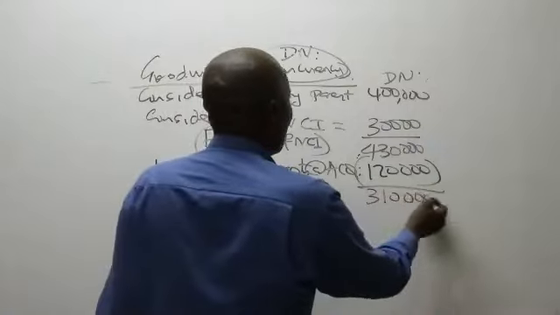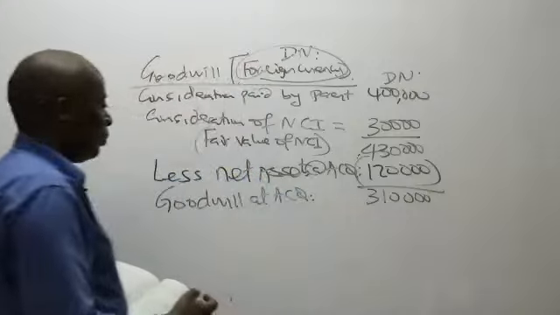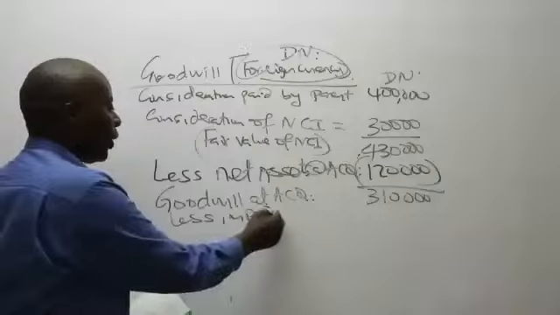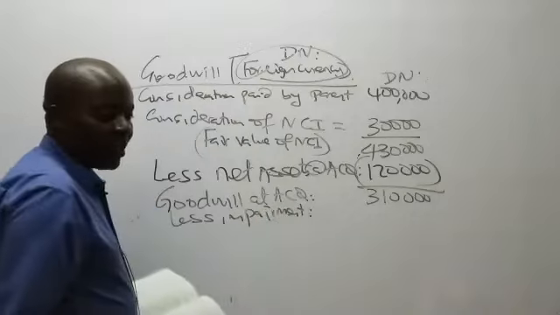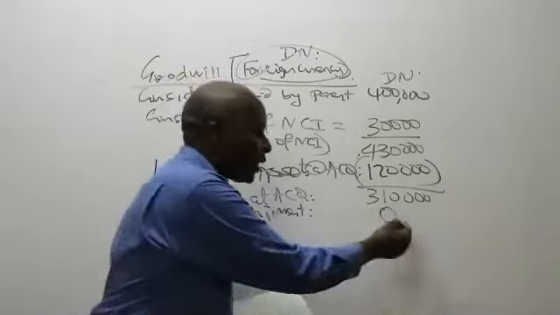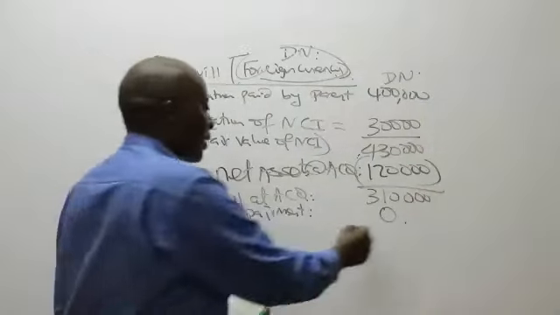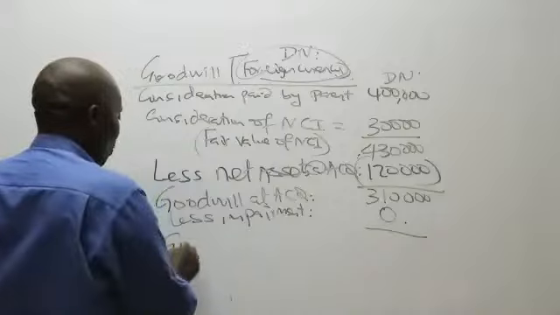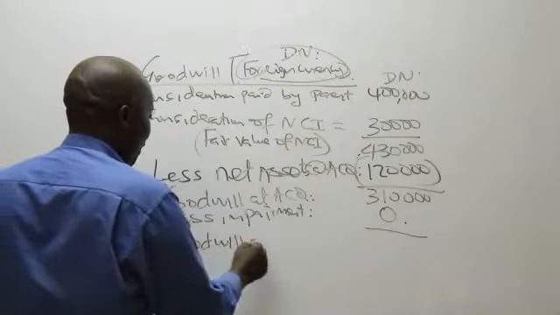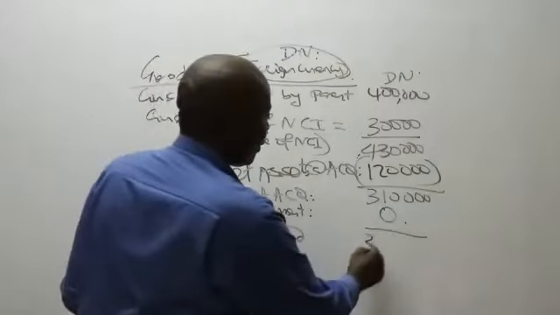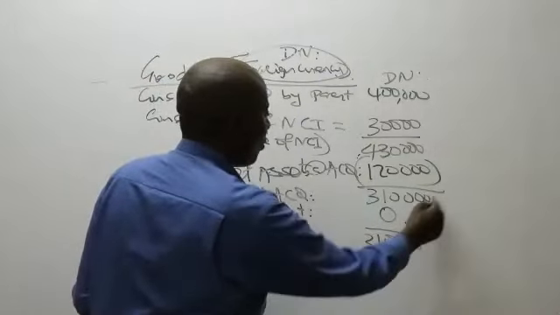After getting this 310,000, we come under less impairment, isn't it? They have told us there is no impairment which occurred. So goodwill at the end will be how much? 310,000. Remember, these are in the form of what here?